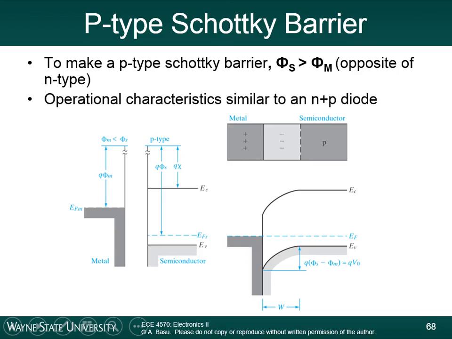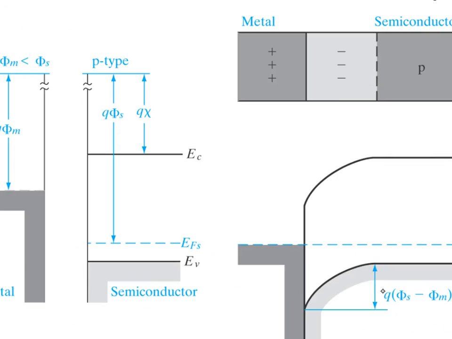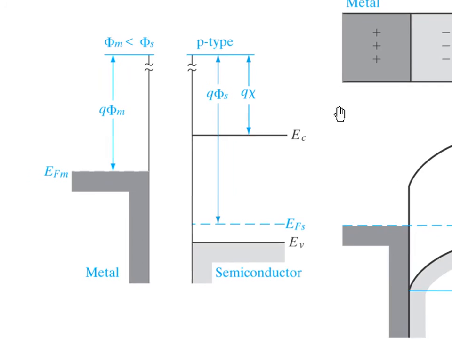So let's take a closer look at what's happening here. This is the band diagram where the metal and the semiconductor are just placed next to each other for illustrative purposes. In the metal side, we just draw the Fermi level, and up here is the free electron level. This is E0. It's not labeled, but we can just call that E0. And this is the metal work function.